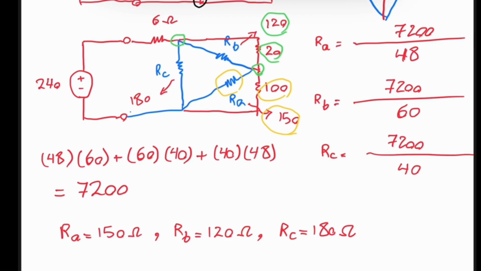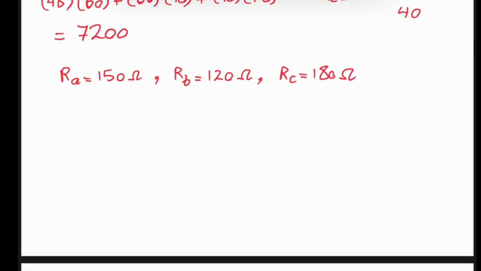Therefore, I can simplify by saying 120 times 20 over 120 plus 20, which gives me 17.14.